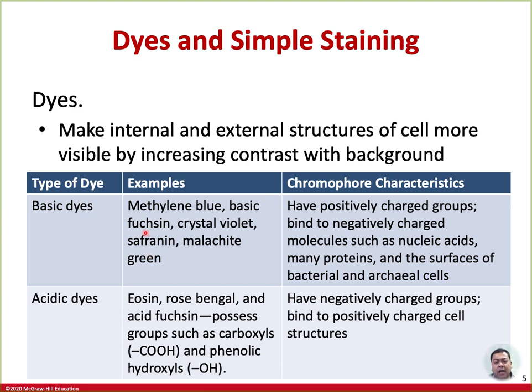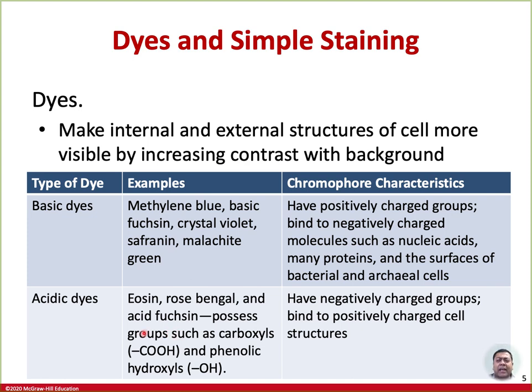On the other hand, when we are looking at the acidic dyes like eosin, red in color, rose bengal, pinkish in color, and acid fuchsin, which is also raspberry red in color, they possess groups such as carboxyl, COOH, which essentially becomes COO minus when ionized, and the phenolic hydroxyl can become O minus as well.